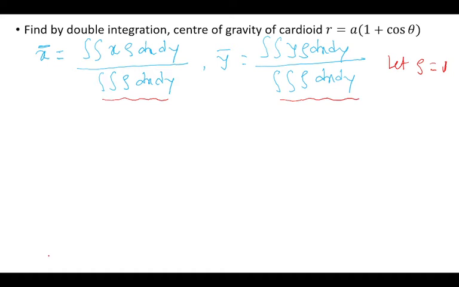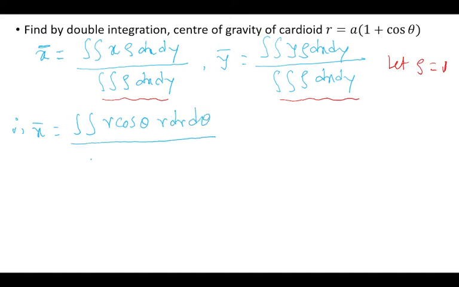Now, the first thing that we have to do, you can continue like this simultaneously, or you can evaluate this denominator integral separately, numerator separately. That way also you can proceed. Let me proceed continuously here. So therefore x bar will become, now one more thing, this cardioid is a polar curve, so I want all this double integral in polar form. The value of x is r cos theta, rho is 1, and value of dx dy is r dr d theta.